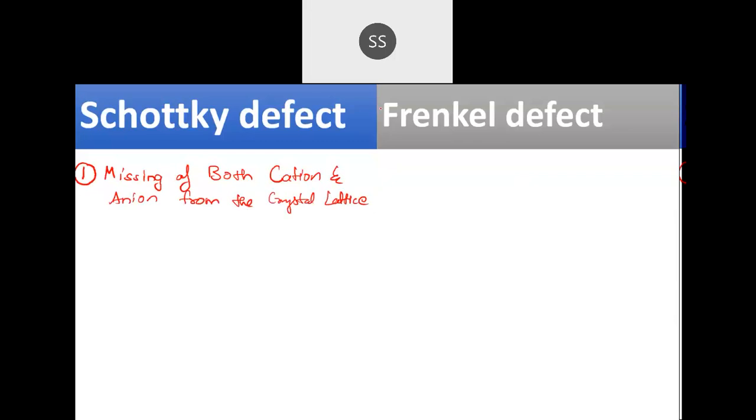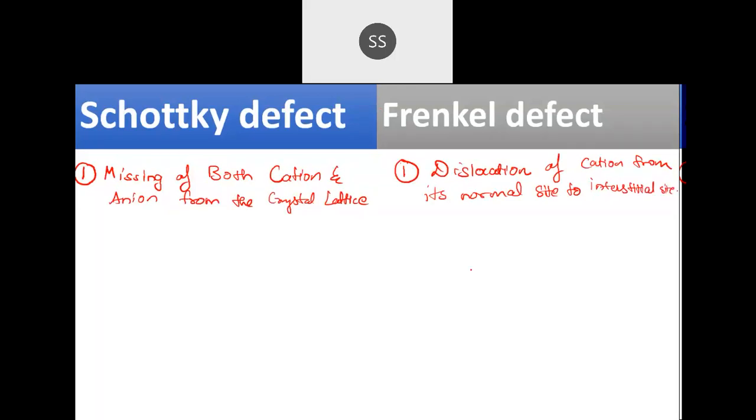So they are just moving. In this case, there is dislocation of the cation from its normal site to interstitial site. Okay, this was the first point.